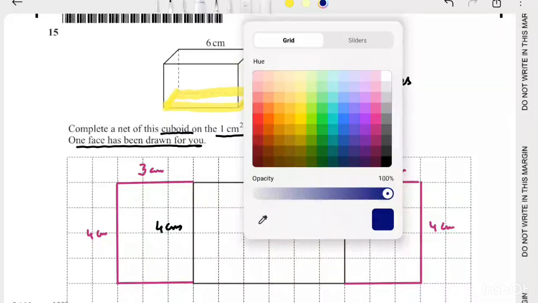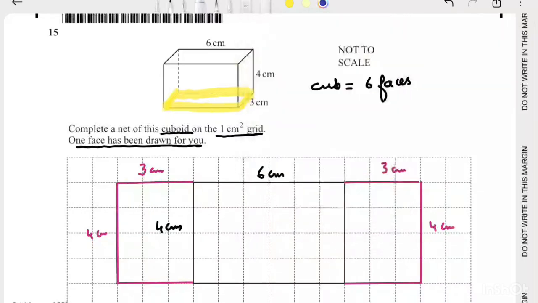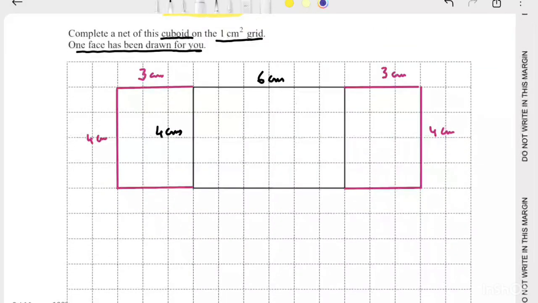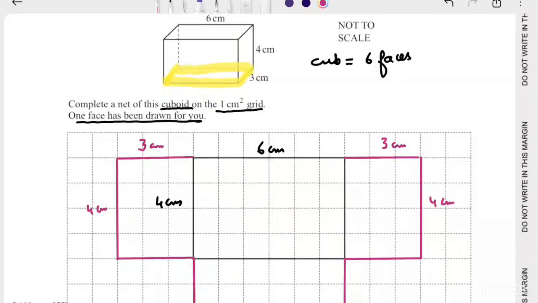Let me change color. 1 2, let me clear it. 1 2 3, 1 2 3, and 1 2 3 from here as well. Now look at the diagram again, and we have drawn the base one as well. Now we are going to draw the front, that is this one.